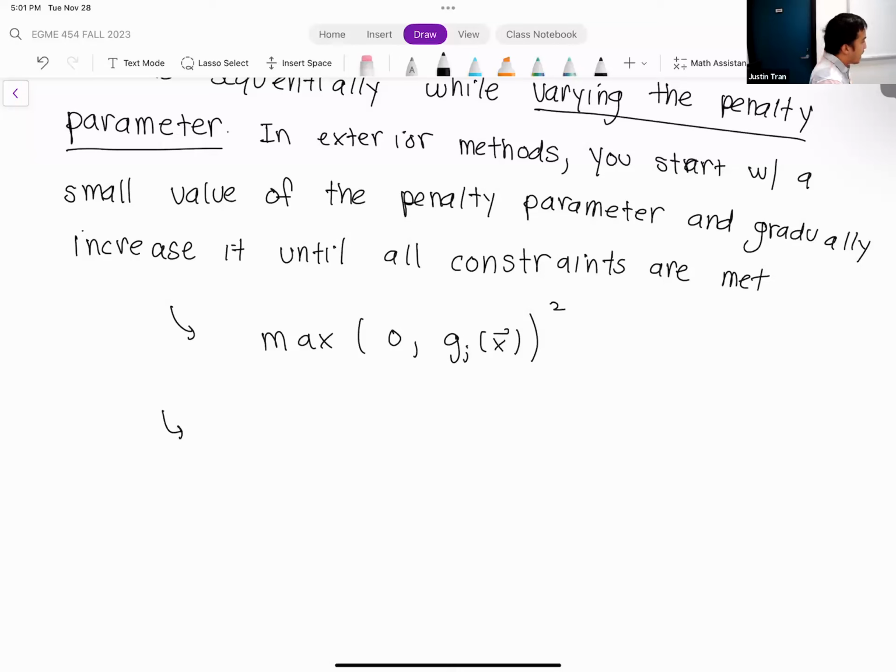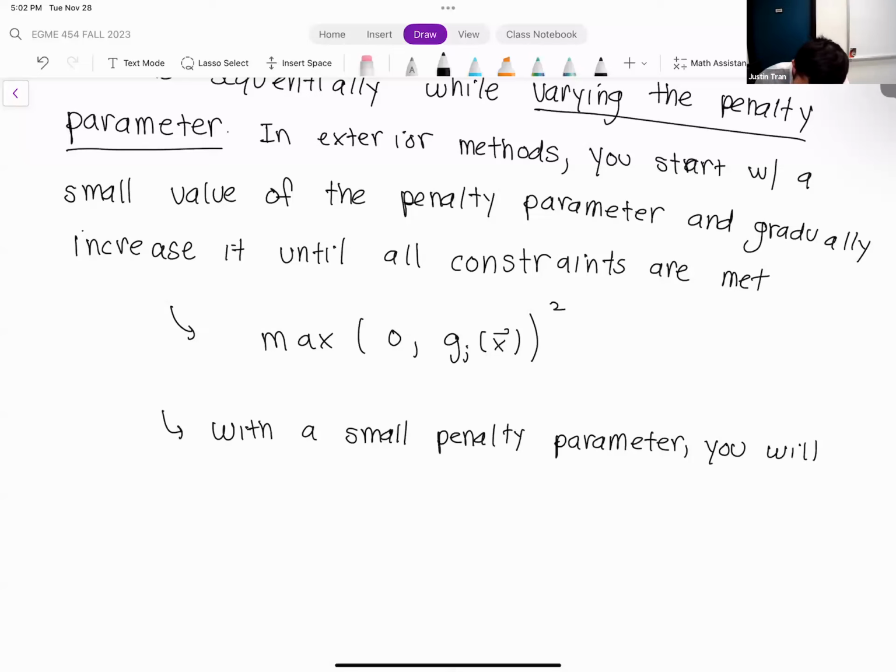You're probably going to have an infeasible solution. Right.